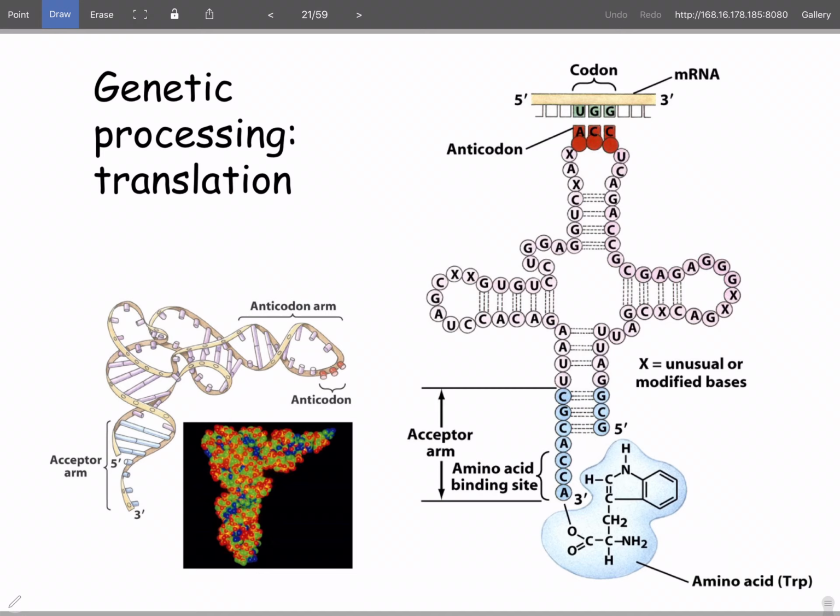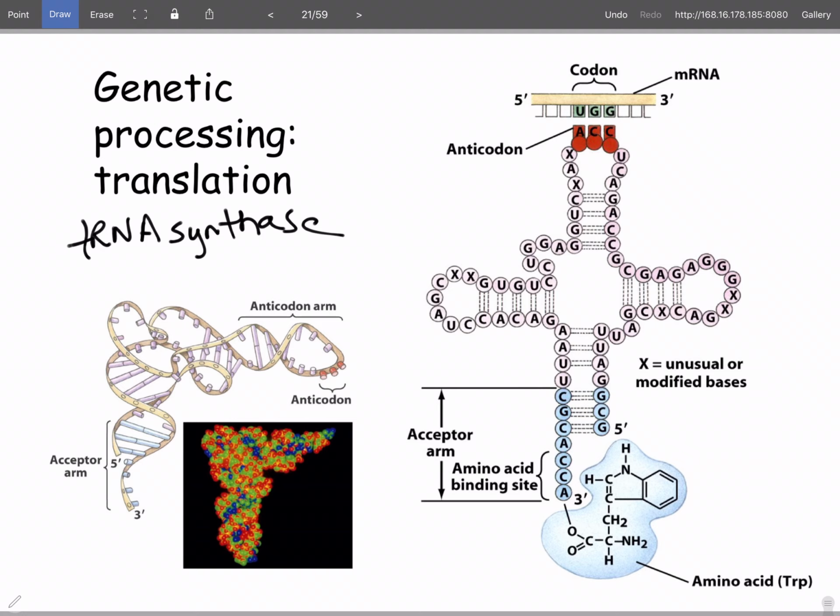It turns out that there's an RNA molecule that can be loaded with an amino acid by something called a tRNA synthase. What a tRNA synthase does is take a specific tRNA that has a certain nucleotide sequence and pair it with a particular amino acid, okay?